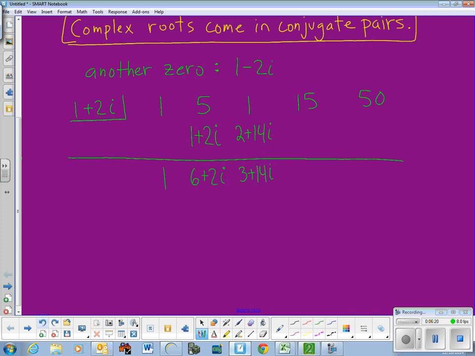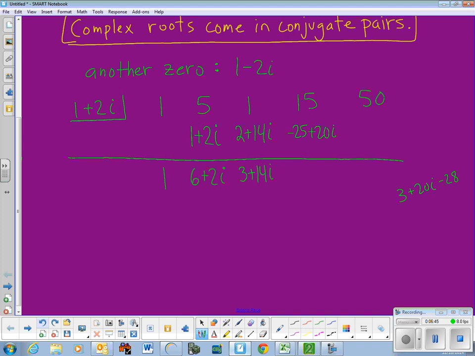I get 3. And then I get 14i plus 6i is 20i. And then I get 2i times 14i, which is 28i squared, which is minus 28. So 3 plus 20i minus 28 is negative 25 plus 20i.